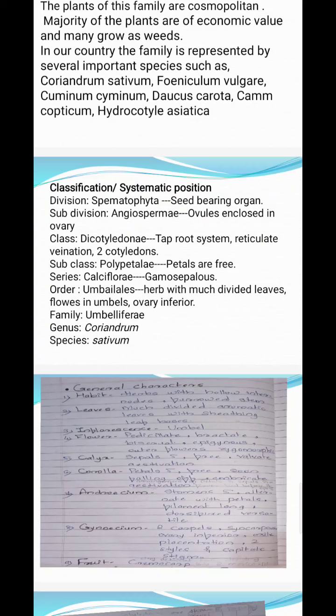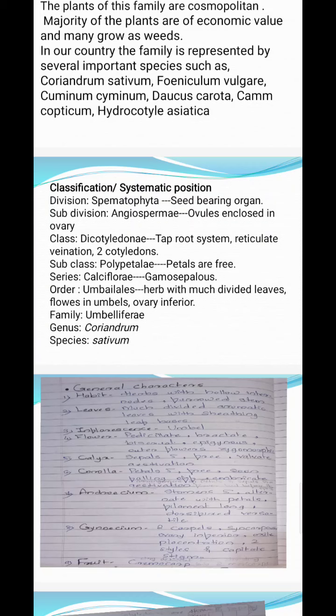Then the subclass is Polypetalae, that means the petals are free. These belong to the series Calyciflorae, characterized by gamosepalous, that means the sepals or the calyx are fused.